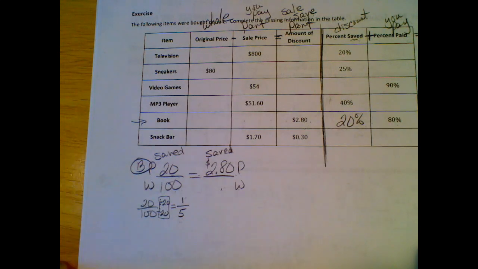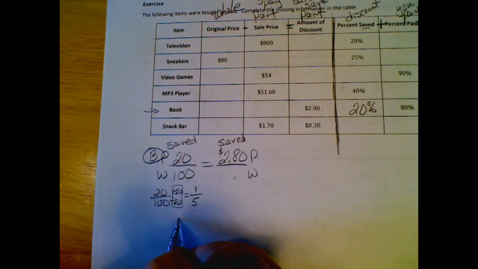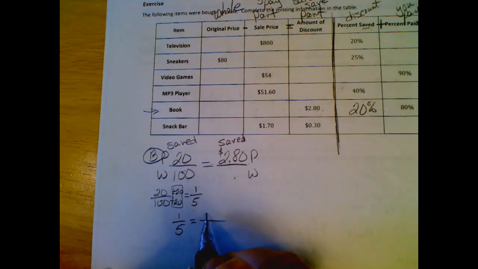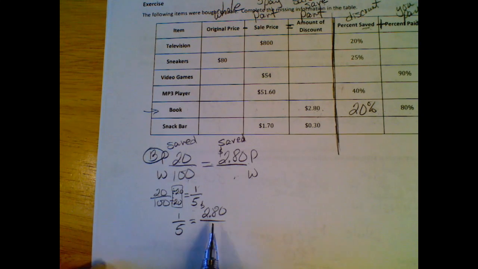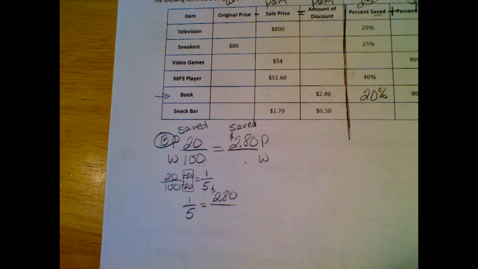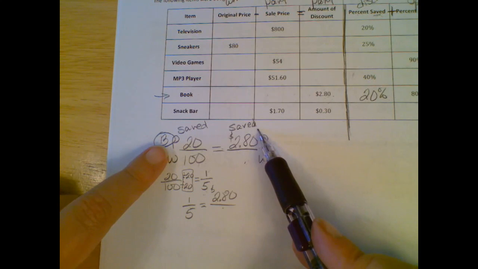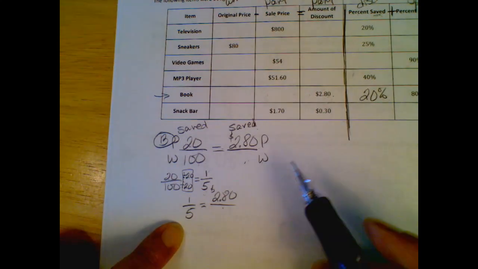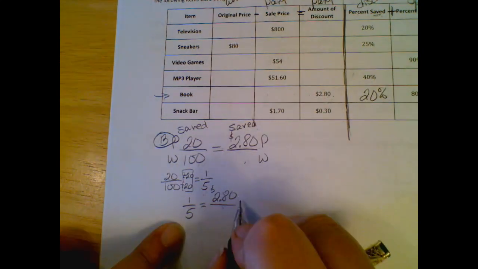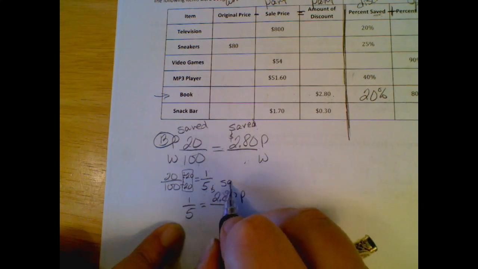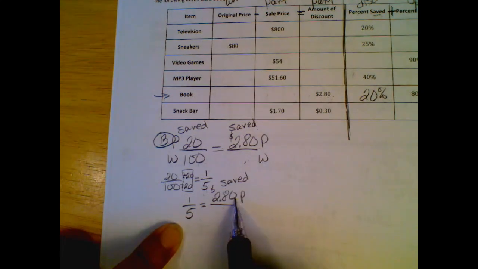Now, I can take the part saved and have 1/5 equals something, $2.80. Now my multiplication is going to be much, much simpler. It's still the information up here. I just reduced it to 1/5. So our part that I saved is 280.